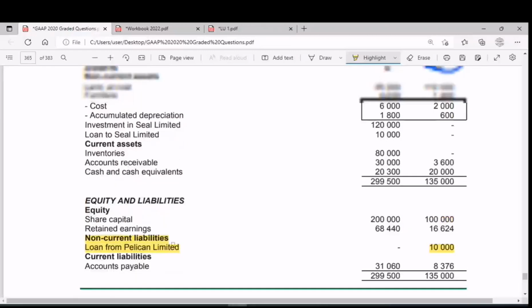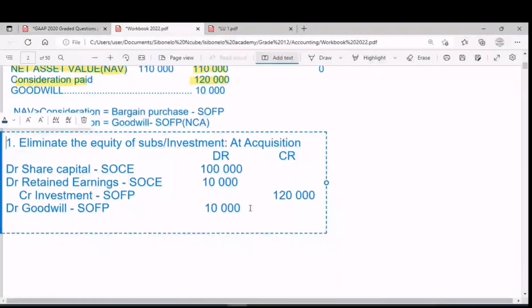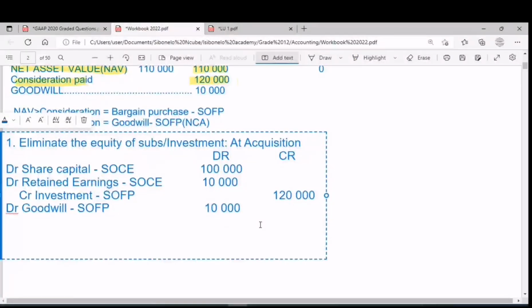So we debit the liability account, the loan from Pelican Limited. So this is a liability, and liabilities affect the statement of financial position.